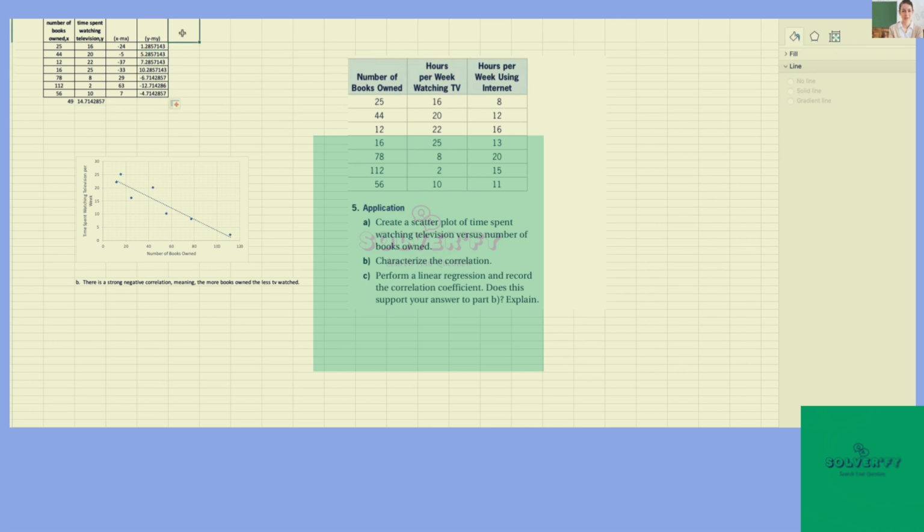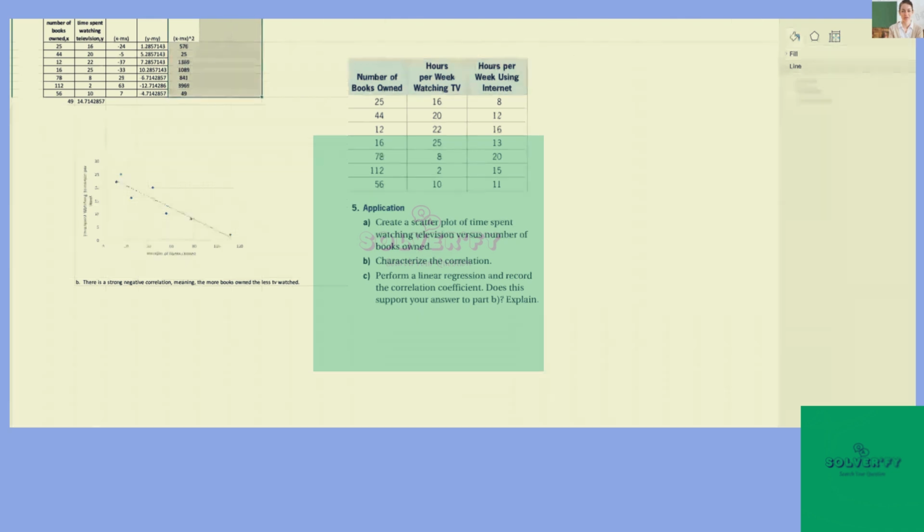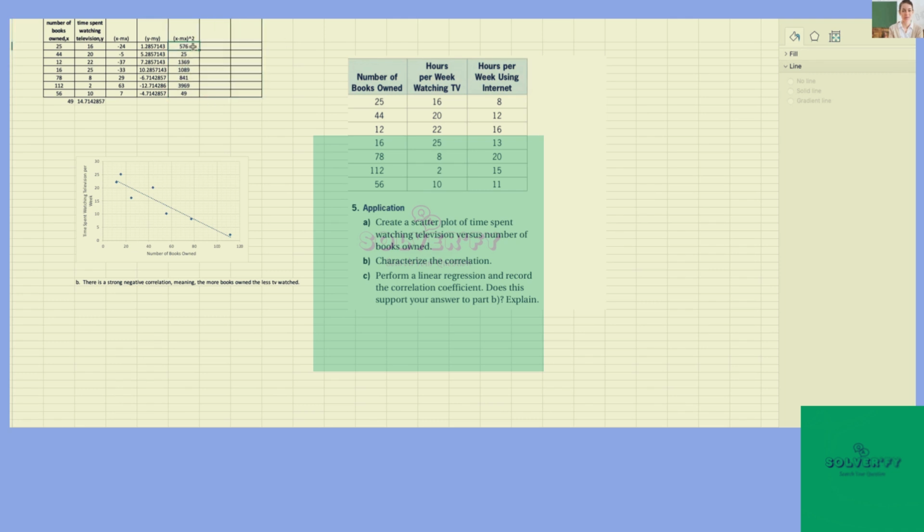Okay, then I'm going to take X minus the mean of X and square it. Let me just center these and box them off.